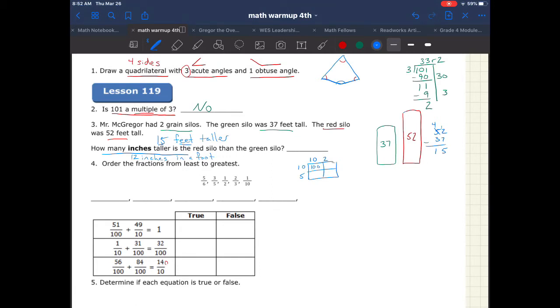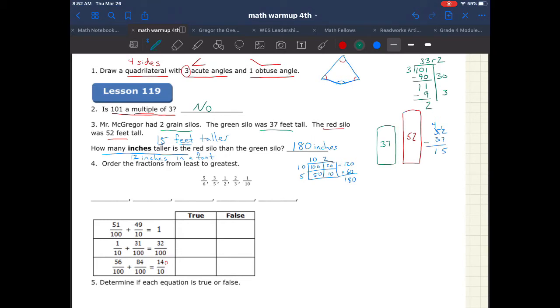Multiply this out. There's 100. There's 20. There's 50. There's 10. So 120 for that row, and 60 for this row. Looks like 180. So 180 inches for the 15 feet.